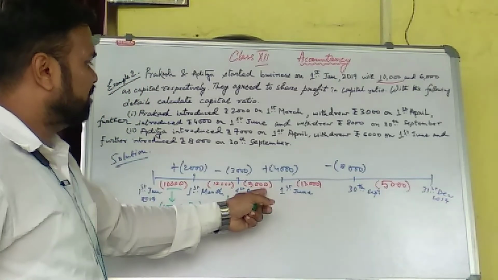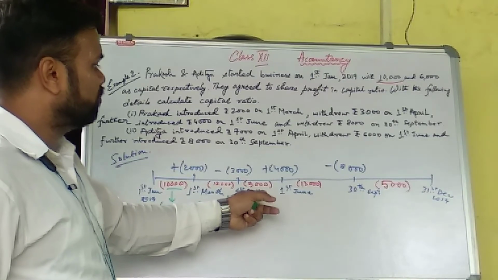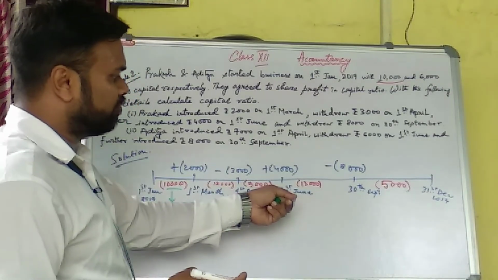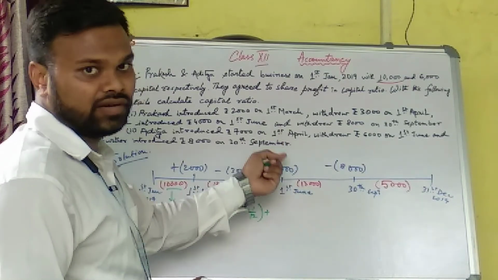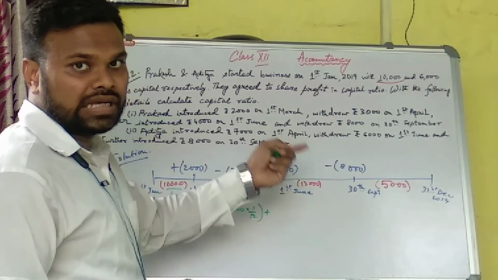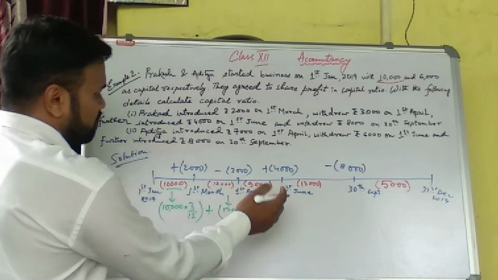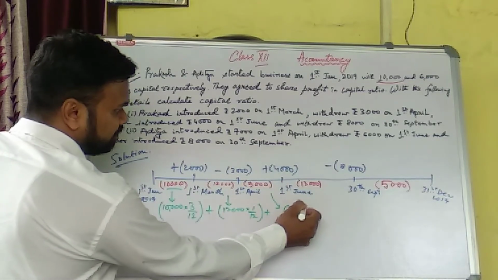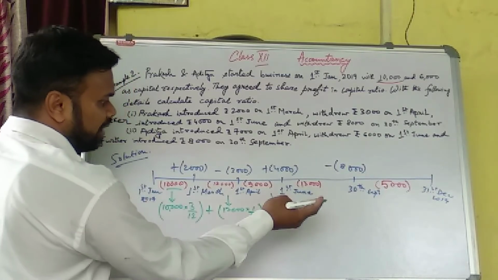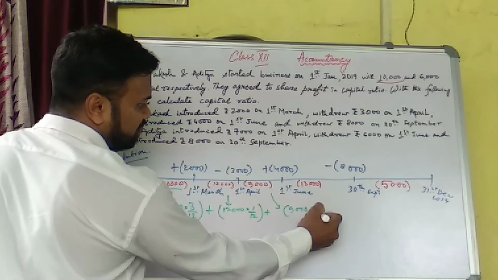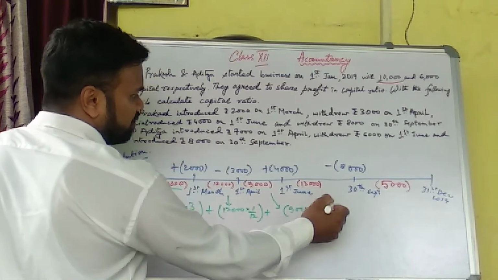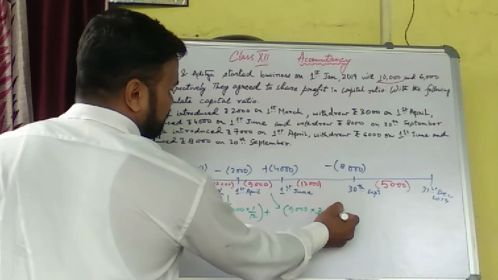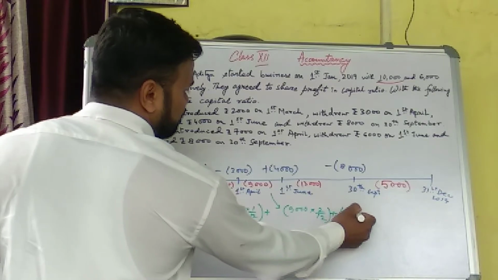Next, 9,000 is used for how many months? April, May. We are not calculating June. Why? Because on 1st June they have again changed the capital they brought in. So we are calculating 9,000 for April and May, 2 months, plus 13,000.